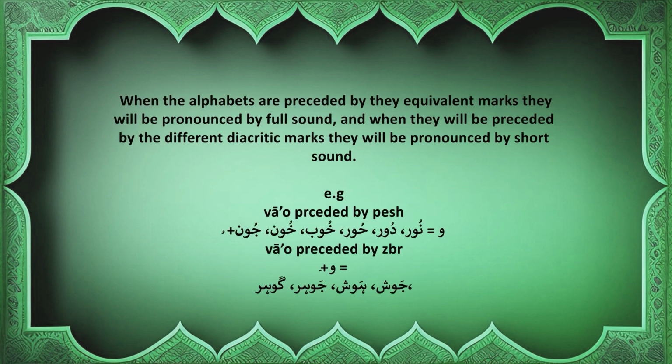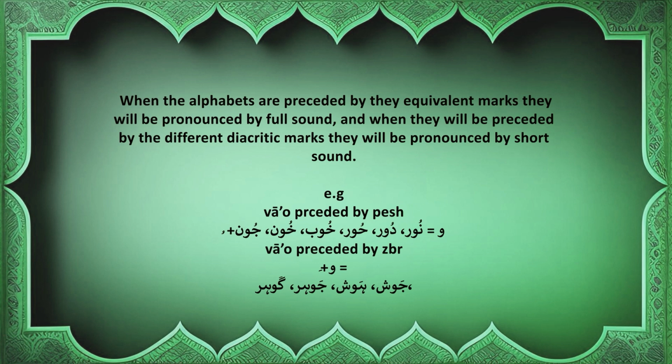For example, we have the third and fourth examples here: Jauhar, Gauhar. We shorten its sound. Why do we shorten its sound? Because the alphabets after it are muharrik and mutaharrik. In both words, Jauhar and Gauhar, the alphabet ha is mutaharrik.